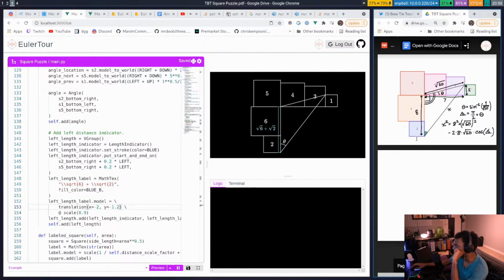So I'll have that. Then I'll need this distance and this, well, that's just 1. So this will be root 7, this will be root 1, and this will be the square root of those two.